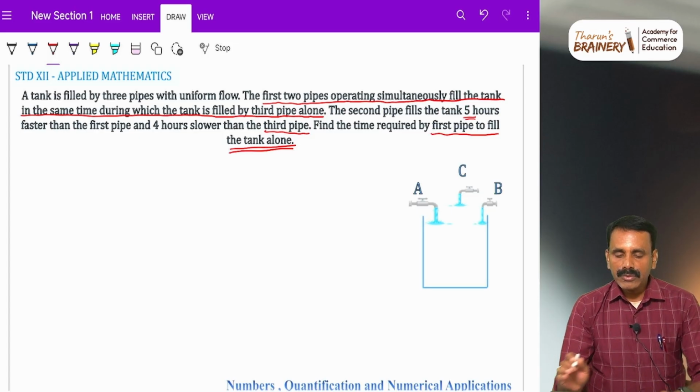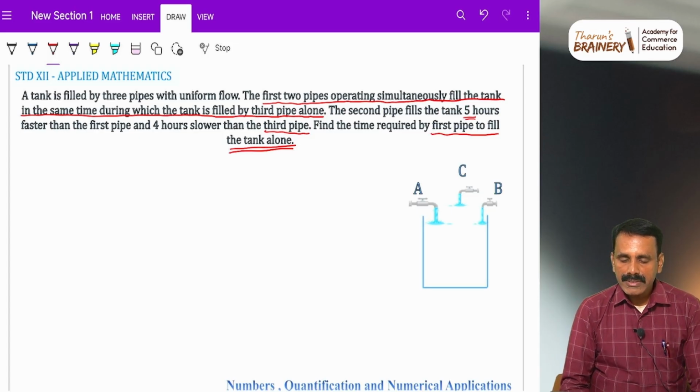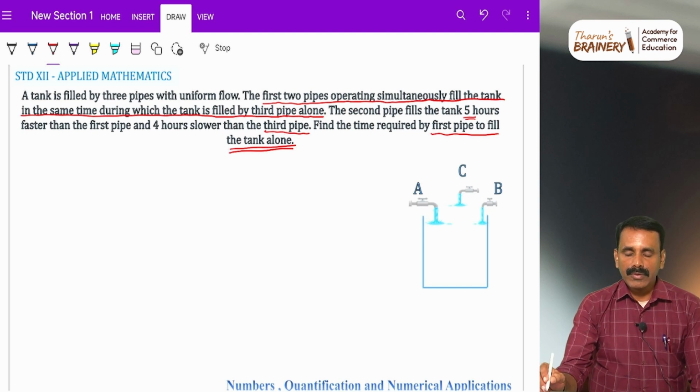So, we are given with two datas. One is the pipe A and pipe B take the same time as pipe C to fill the tank, and then pipe B is 5 hours faster than pipe A and 4 hours lesser than pipe C. Okay.